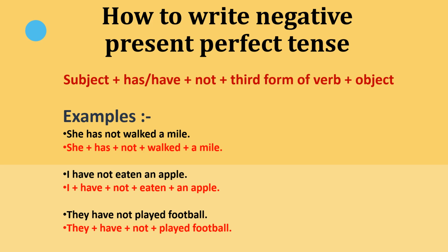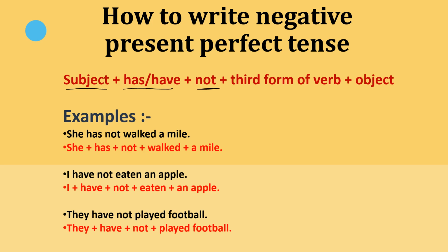Now how to write negative present perfect tense. Negative sentences are those in which we include not. That becomes the negative form of the sentence. The simple syntax is subject, has or have plus not.